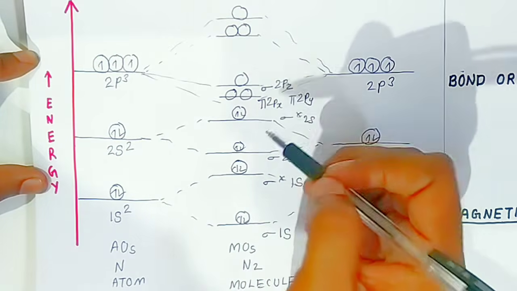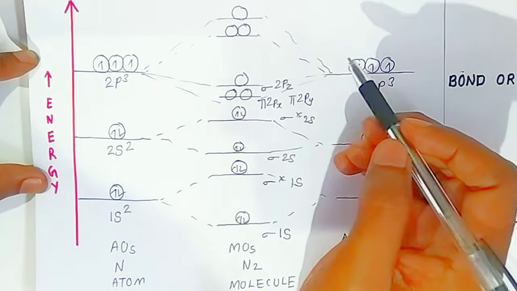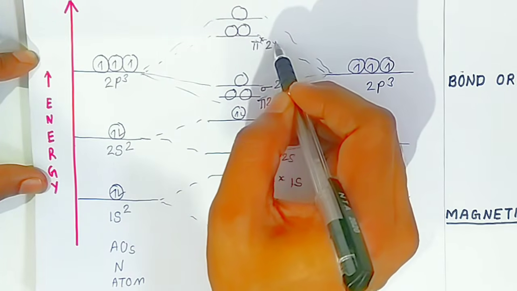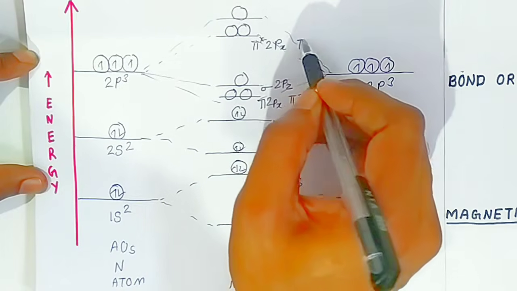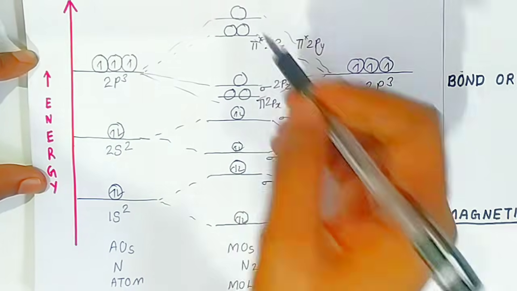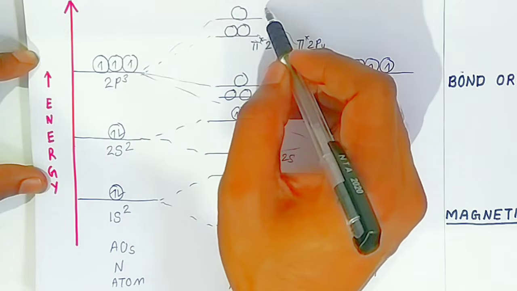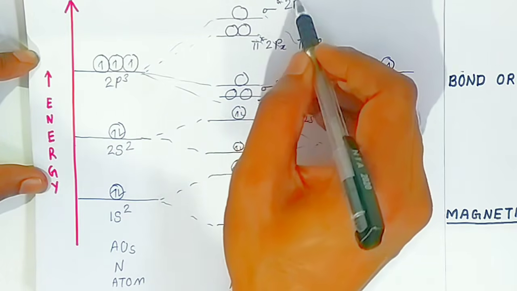These are the bonding molecular orbitals, students. Their corresponding anti-bonding molecular orbitals will be pi star 2px and pi star 2py, and for sigma 2pz, its corresponding anti-bonding molecular orbital will be sigma star 2pz.